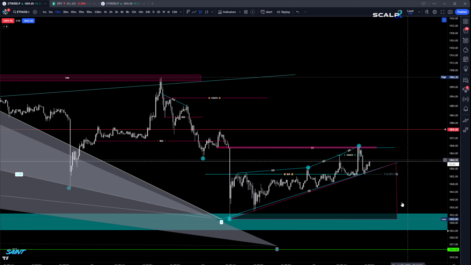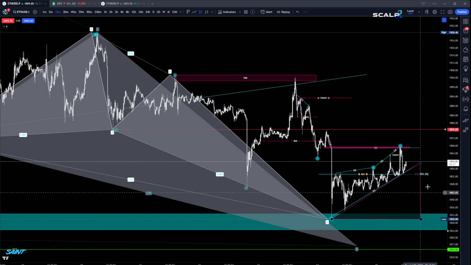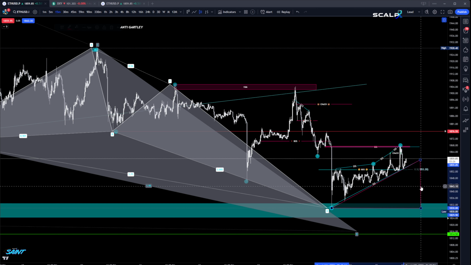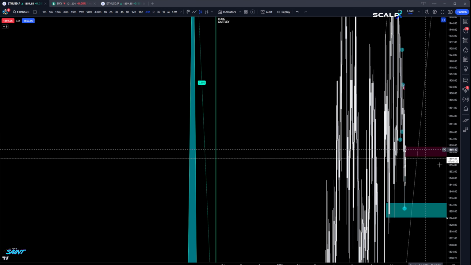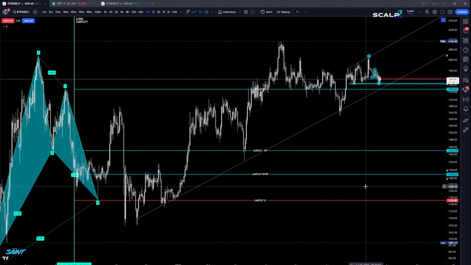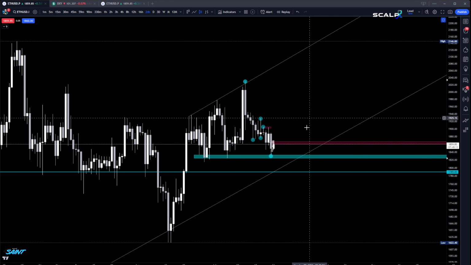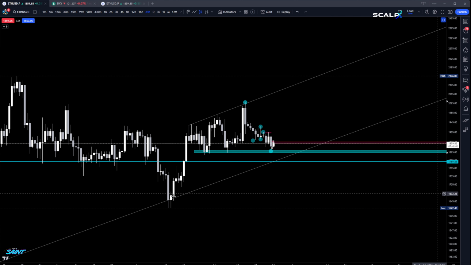If it breaks through here, at some point this is going to have to get filled. Just an imbalance. Ideally, if you really want to look at it, yeah, this is a huge imbalance. All this space right here, just so you know.